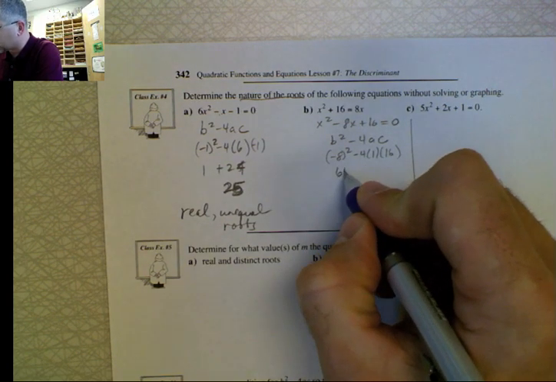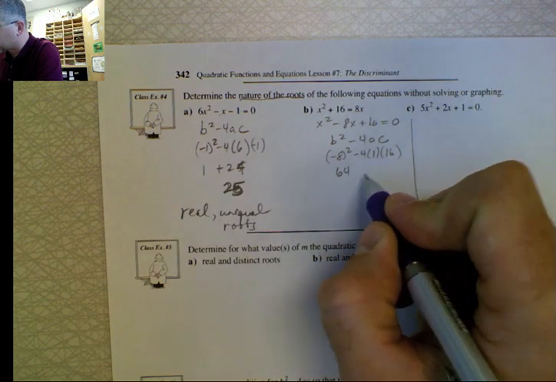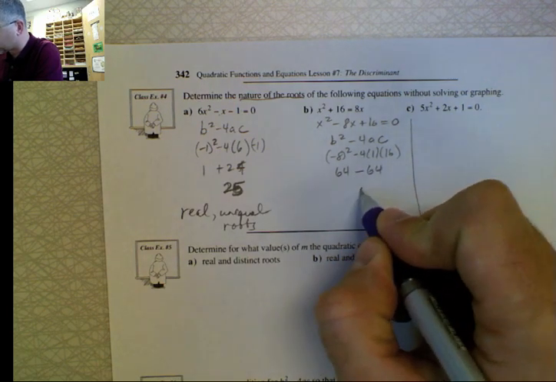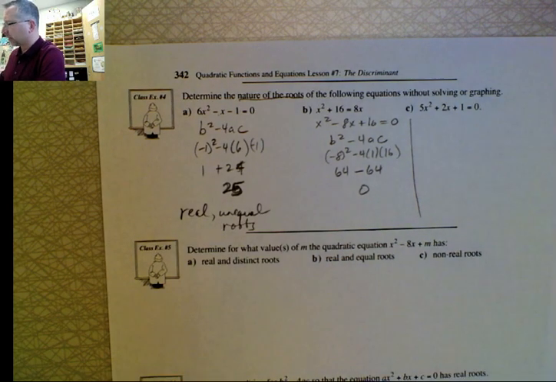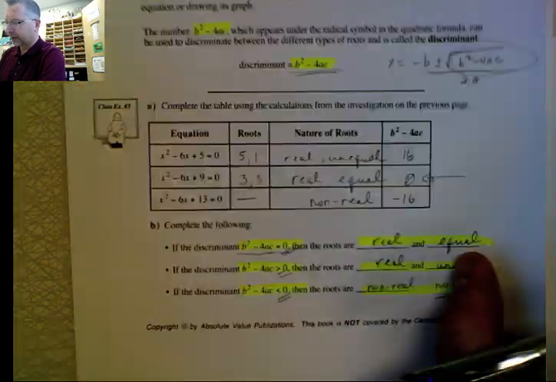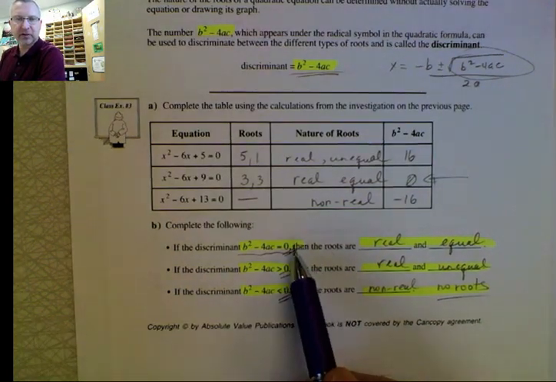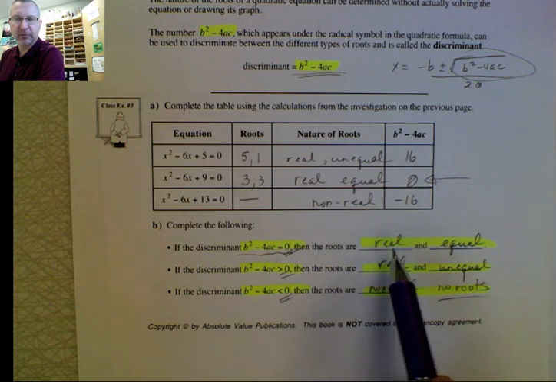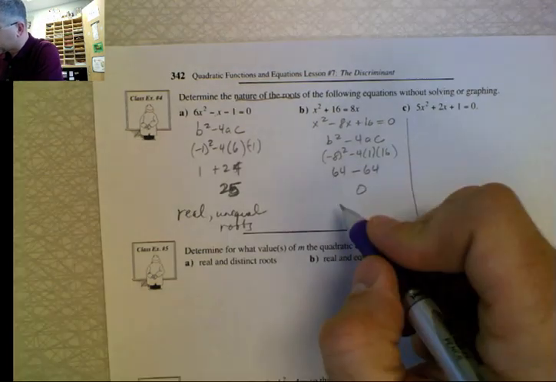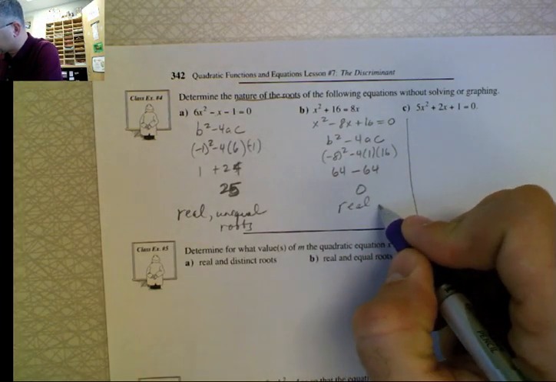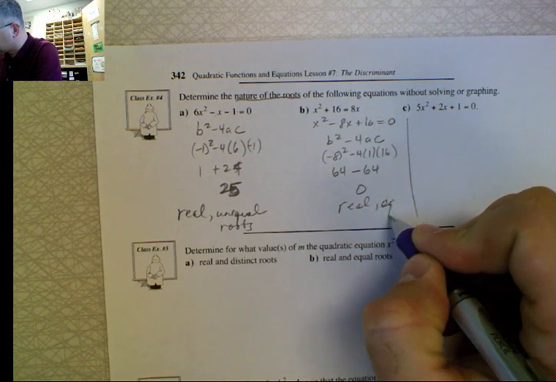Well, negative 8 squared is 64, and this is going to give us negative 64, so we get 0. So if we go back to our table, when we have the discriminant equal to 0, the roots are real and equal. So the roots are real, equal.